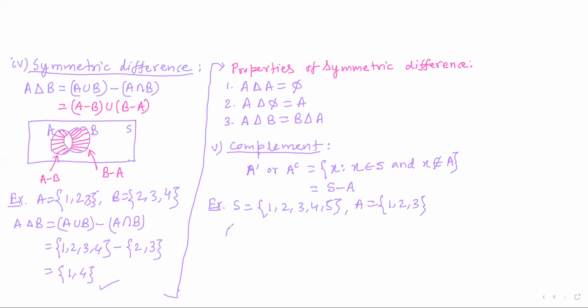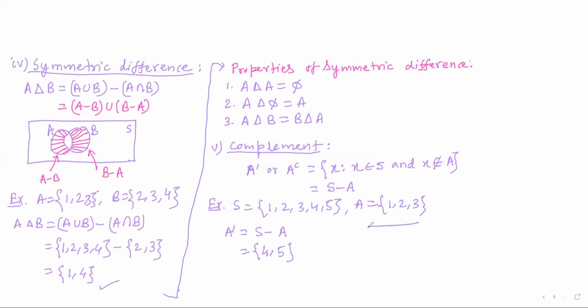Now, if I calculate A complement, then A complement is equal to universal set minus set A. That means from the universal set you have to subtract the elements of set A. So from 1, 2, 3, 4, 5 we have to subtract 1, 2, 3. The remaining elements in the universal set are 4, 5. These are the elements of A complement.